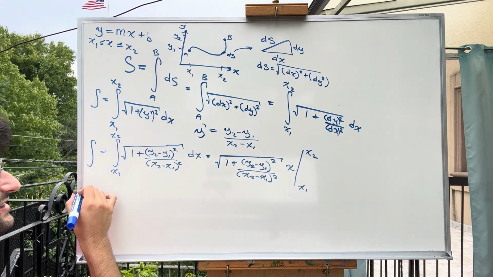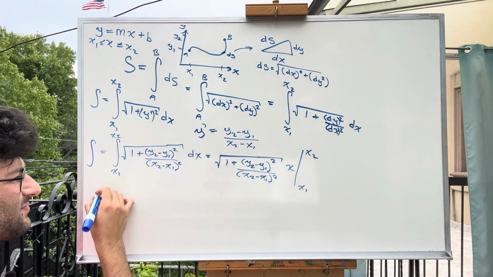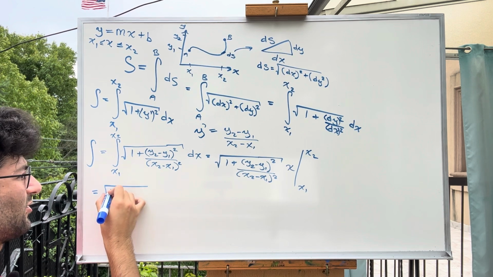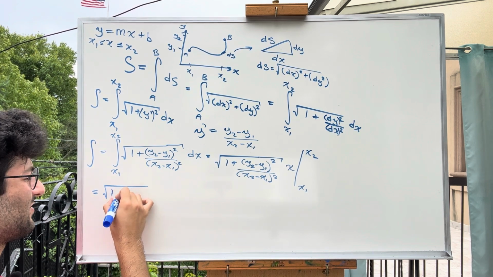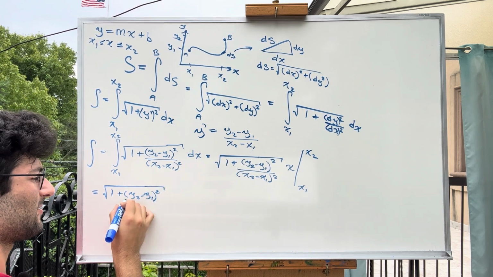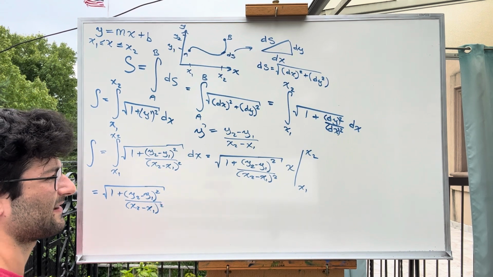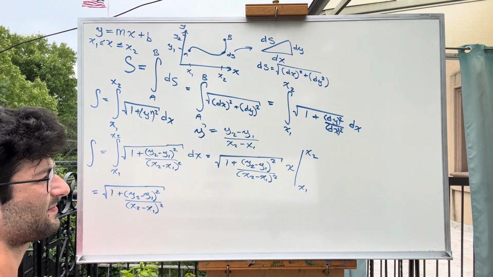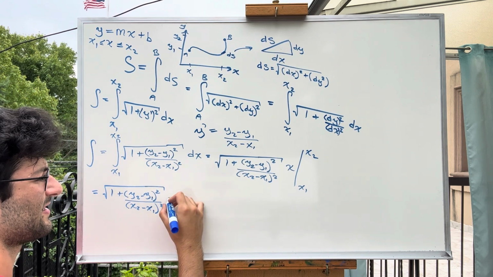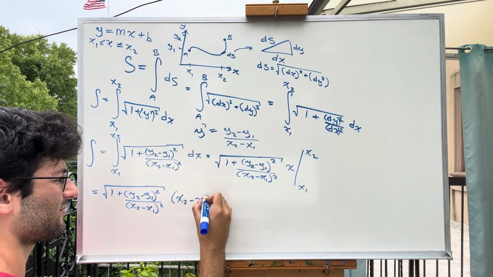And when we plug these limits in, what do we get? We get root 1 plus y2 minus y1 squared over x2 minus x1 squared times x2 minus x1.